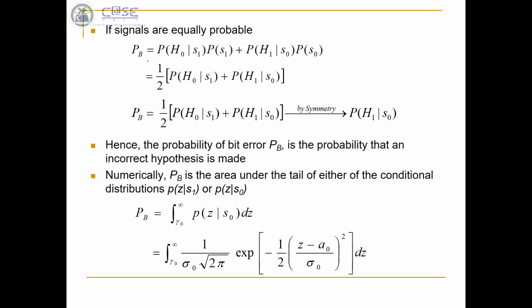So if we assume that the signals are equally likely, that is, they are equally probable, then the likelihood probabilities, probability of S1 and the probability of S0, are going to be the same, that is 0.5 each.